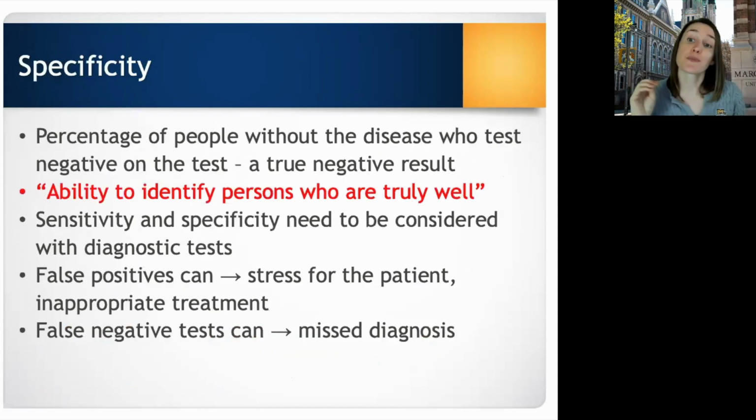Now, specificity is the percentage of people without the disease who test negative on the test, a true negative result. Specificity is the ability to identify persons who are truly well, that do not have the disease.